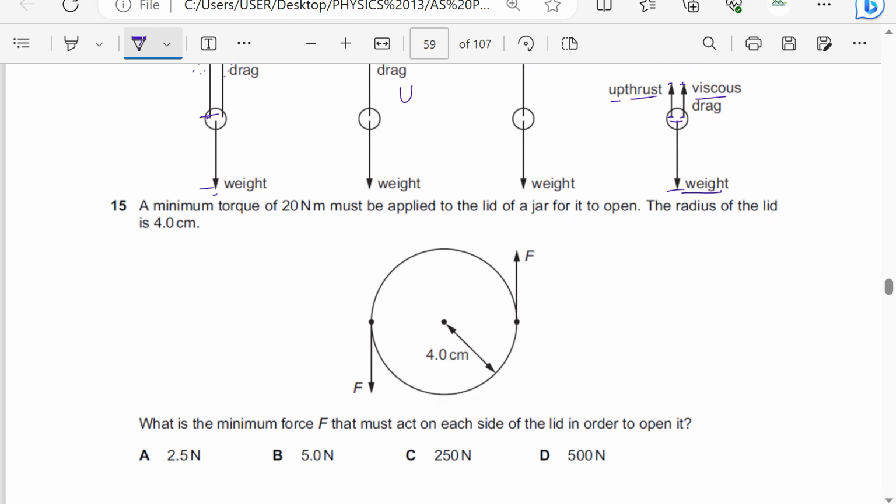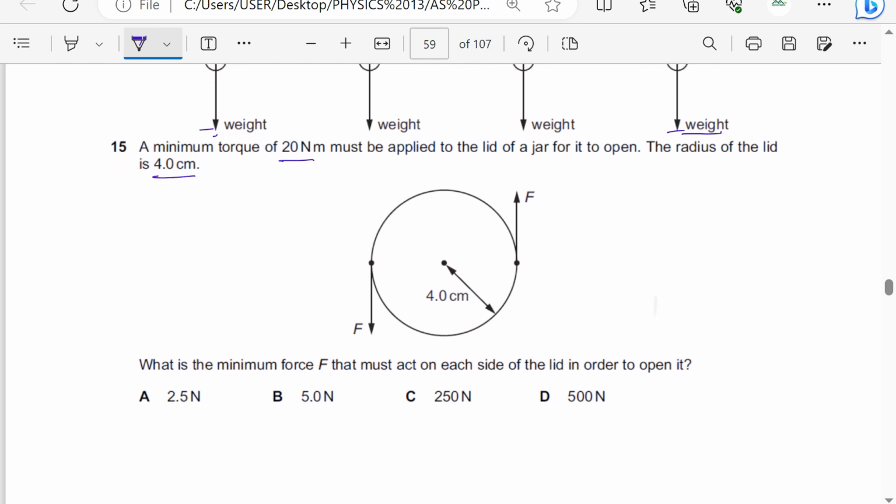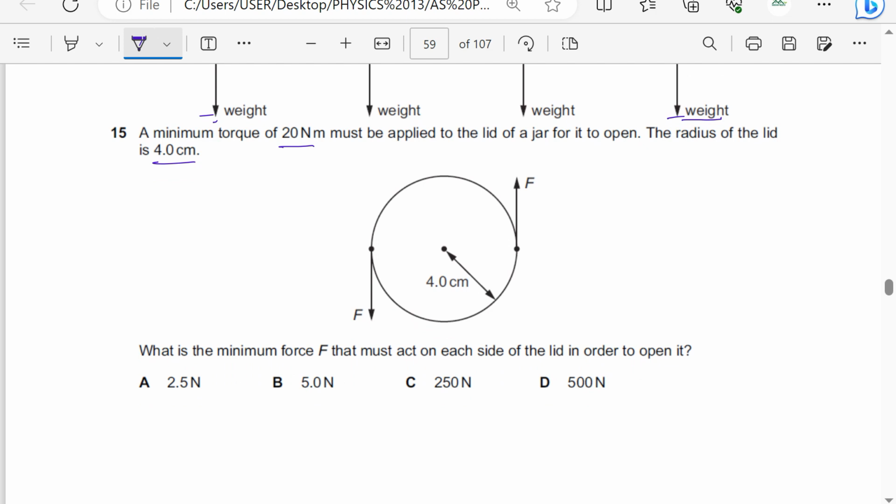A minimum torque of 20 Newton meters must be applied to the lid of a jar for it to open. The radius of the lid is 4 centimeters. What is the minimum force F that must act on each side of the lid in order to open?